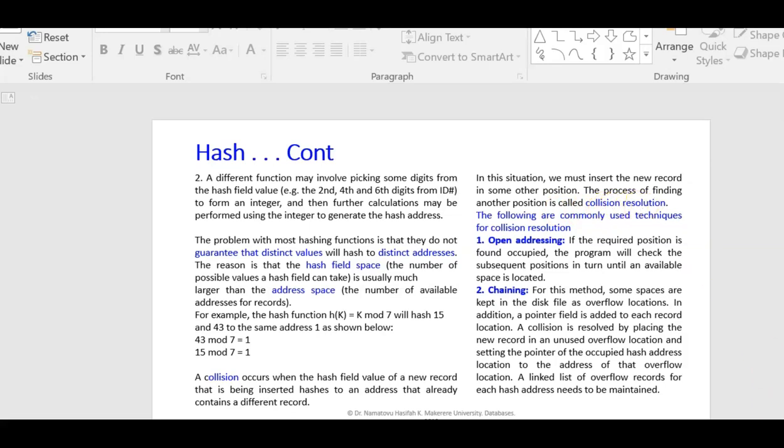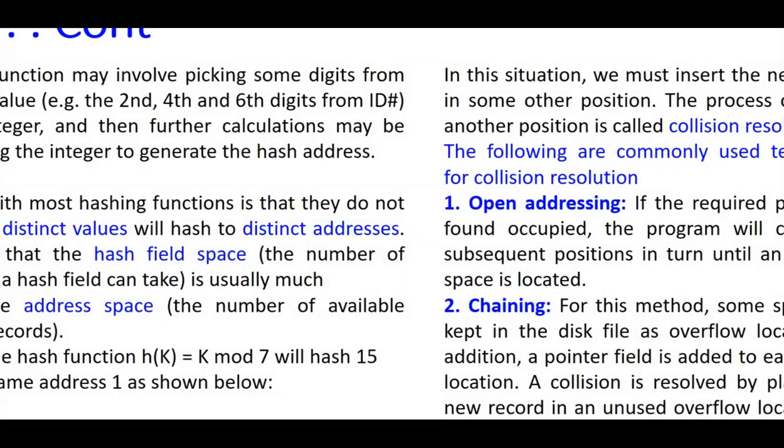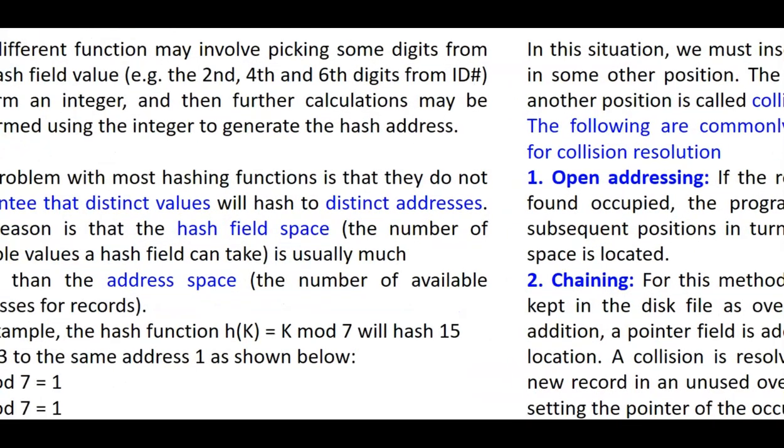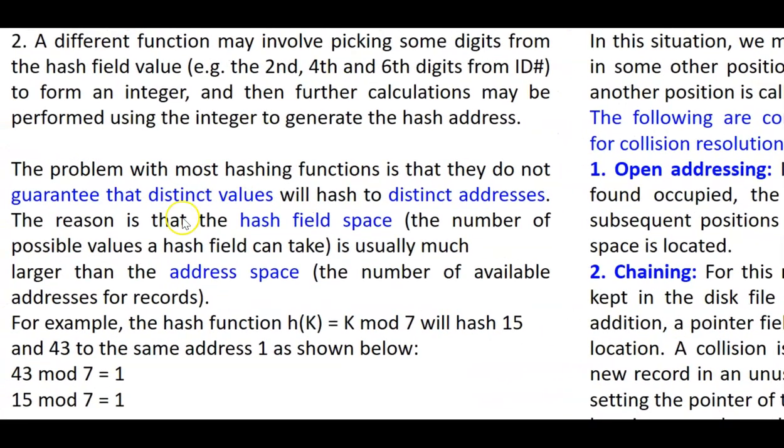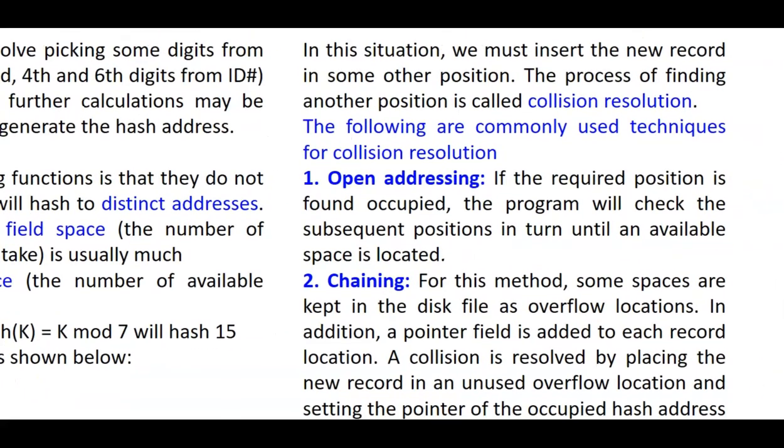So I've said that the challenge of the hash function that uses the mod function is that if you divide and the remainder is 1, and then the next time you want to add a record or search for a record it also gives 1, you're going to experience a collision.